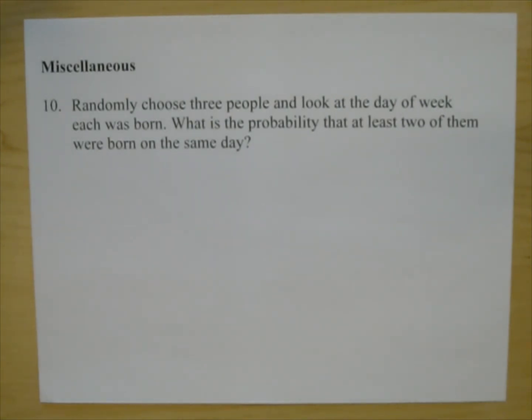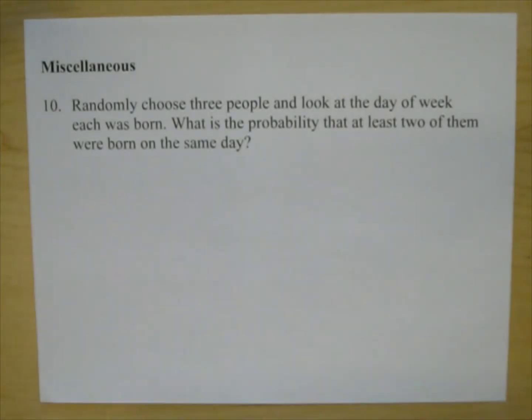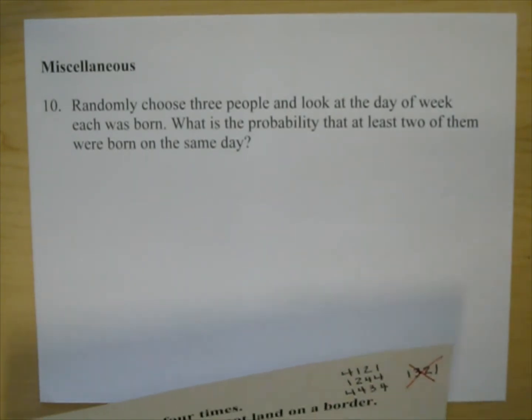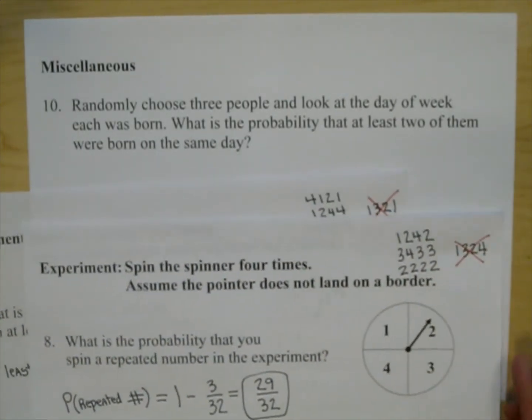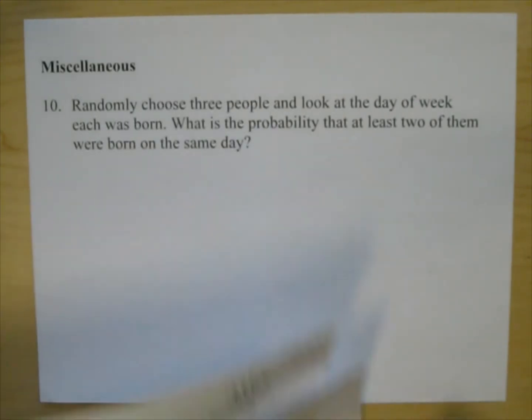Notice we have an "at least," and in the last problem we also had an "at least." It's going to be one of these problems that is modeled with the complementary event, so we have to know what "at least" means. Let's go ahead and do this problem.